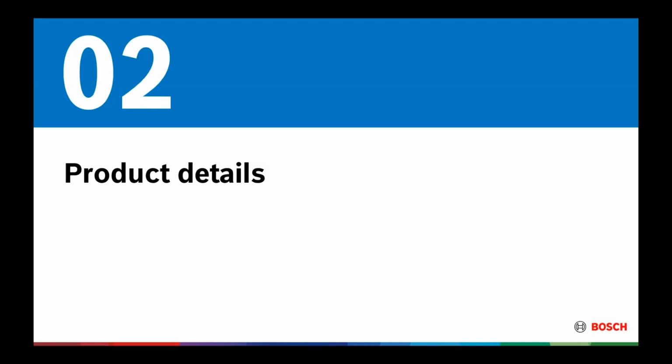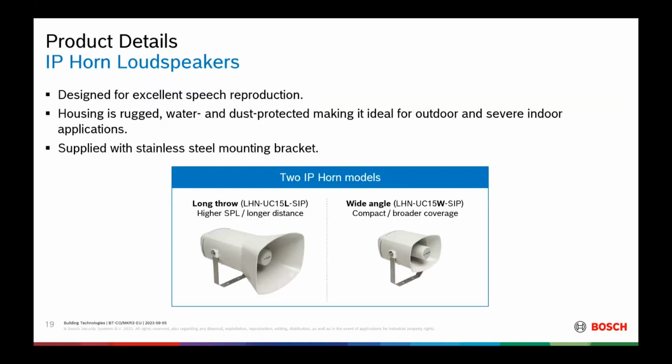I will show you now some details about the IP horn loudspeaker and about the IP amplifier module. The new SIP-based IP horn loudspeakers are designed for excellent speech reproduction. The housing is rugged, water and dust protected, thus making it ideal for outdoor and severe indoor applications.